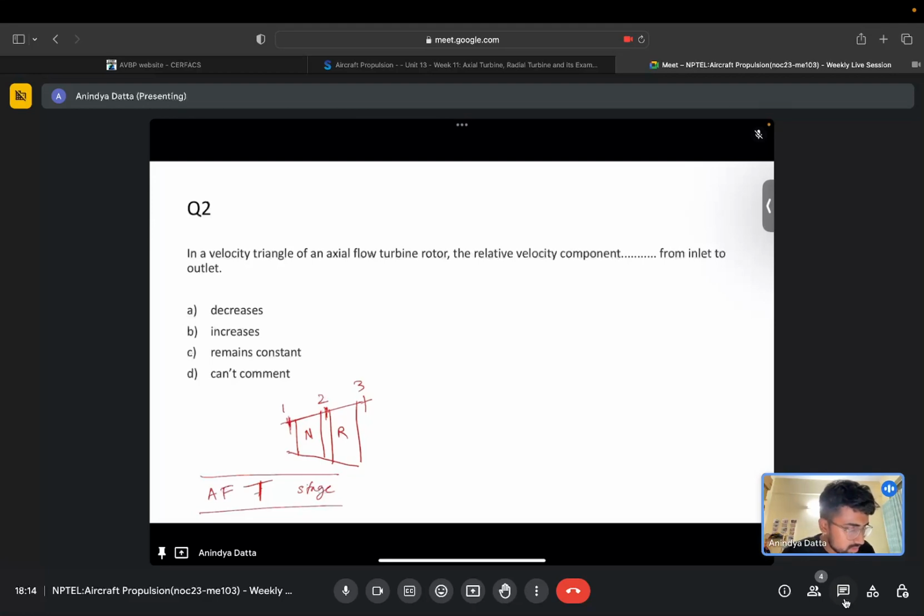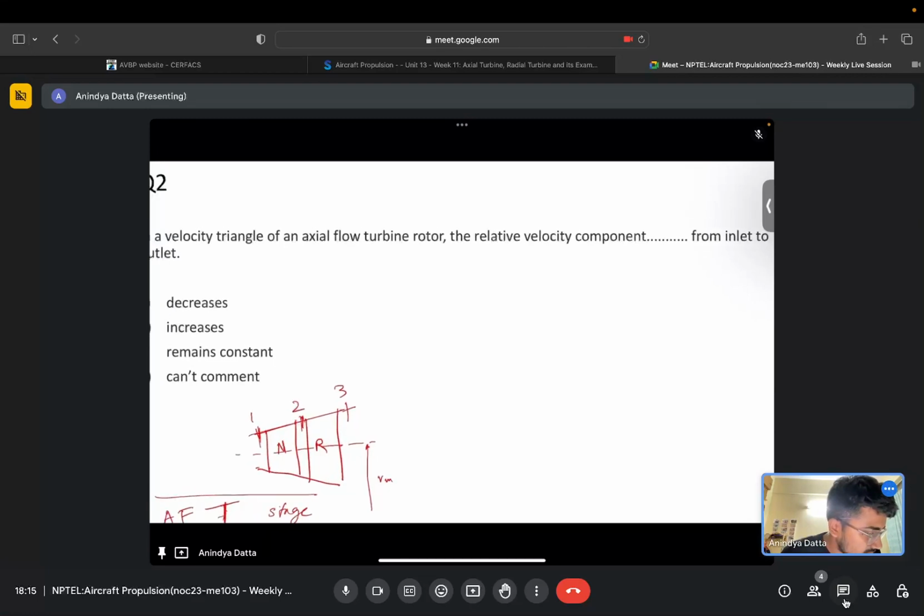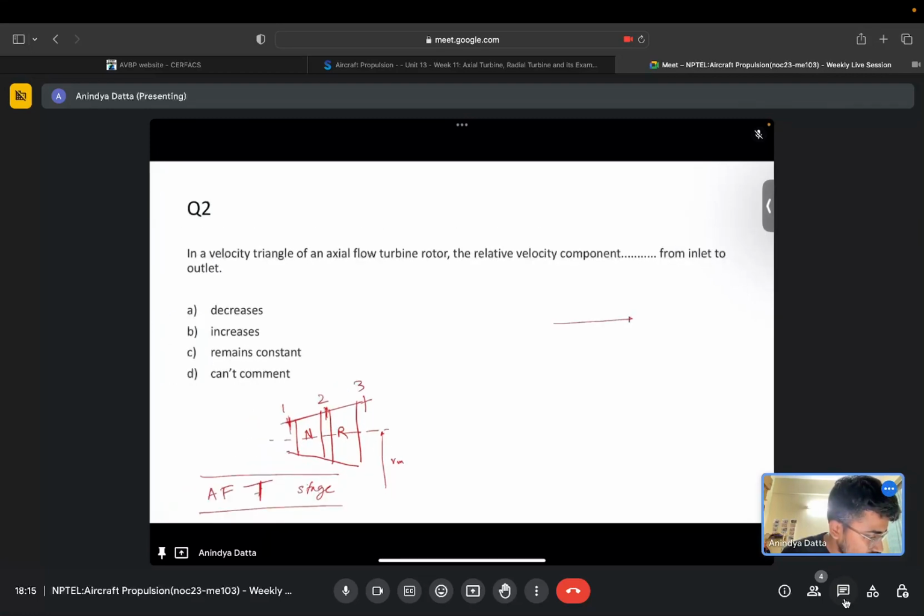So 2 is the rotor inlet, and again we draw everything at a mean radius, right? So the blade velocity at this location is constant, because the rotational speed of the blade depends on the radial location, right? So u2 is equal to u3 is equal to u.